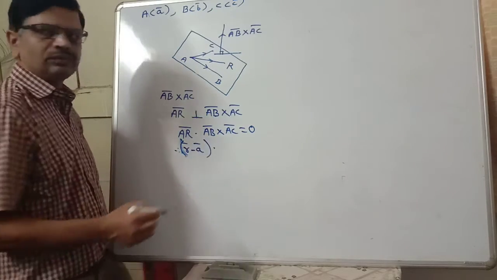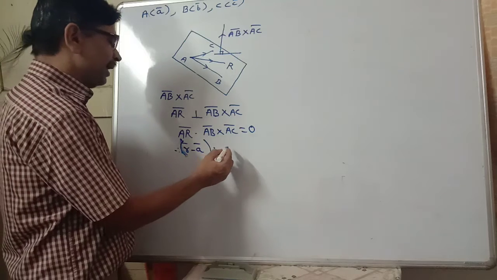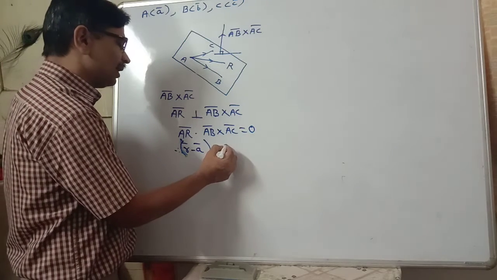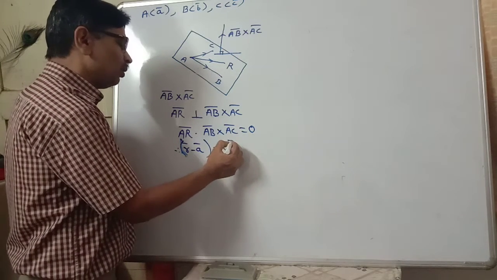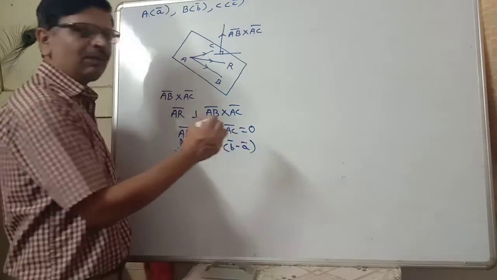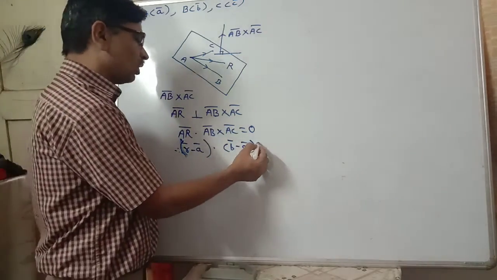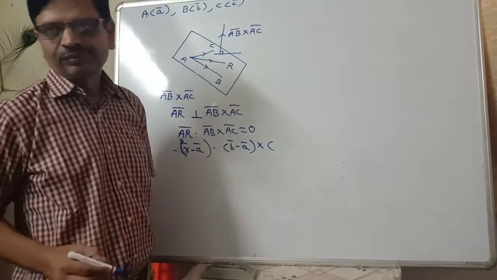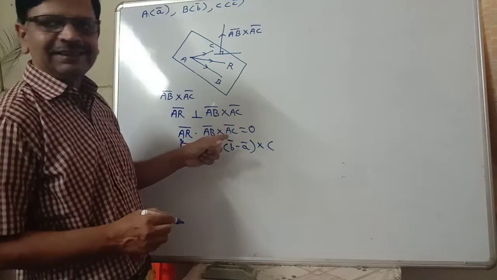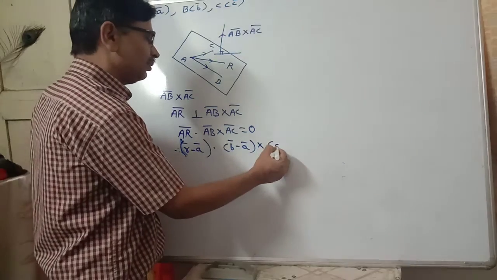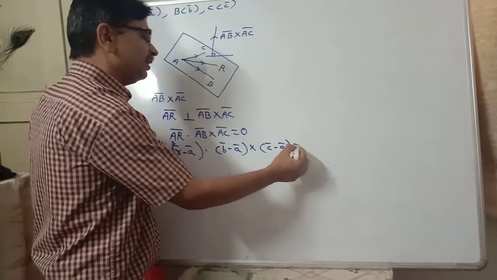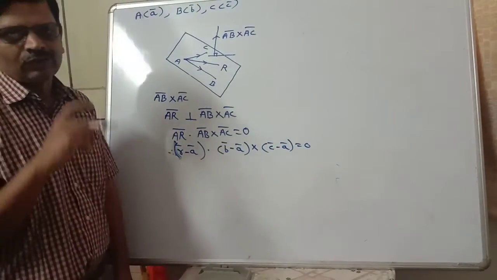Dot AB bar, A initial point, B terminal point. So in bracket, position vector of terminal point minus position vector of initial point. Cross in another bracket. AC bar, A initial point, C terminal point. C bar minus A bar equal to 0.